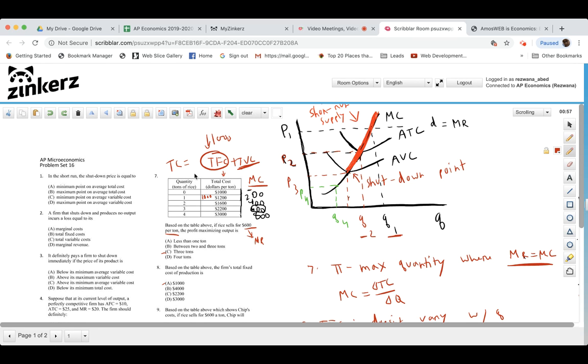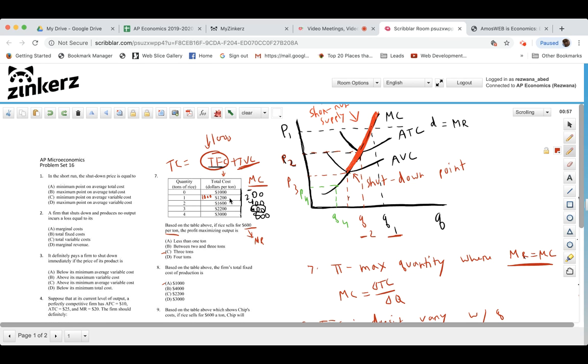Here we know that this is 1,000 and it's always going to be 1,000. So you can find total variable cost by subtracting the total cost, which was 1,200 at 1, minus 1,000.